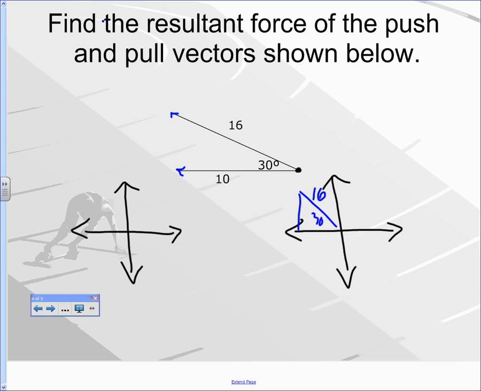Why in that quadrant? Because it's going that direction. From the origin, where is it going? Left. Up and left. Okay? Someone go draw the other vector. There you go. That's it.